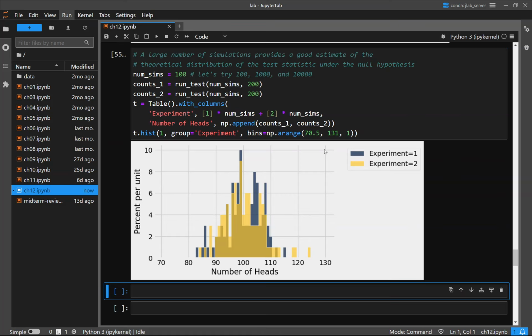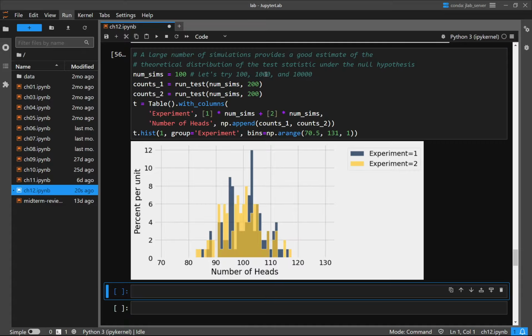You can do a couple of experiments, and it looks all wonky between experiments. Sometimes for experiment 2, you saw a lot of heads, just crazy. It happened. So your distributions look wildly different from one another when your number of simulations is small, because fluctuations are easy. You do that again, they look completely different.